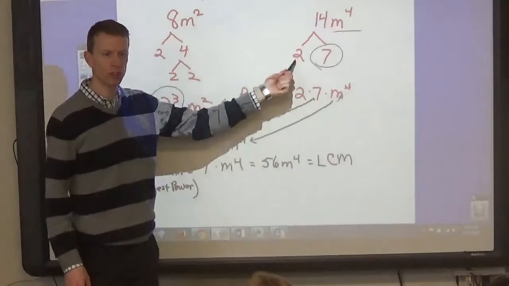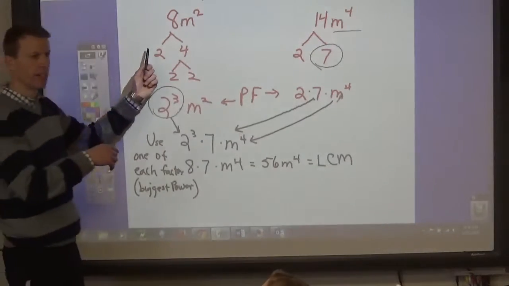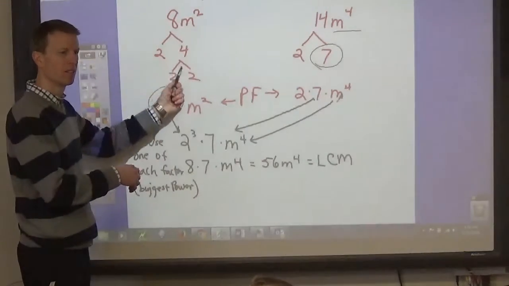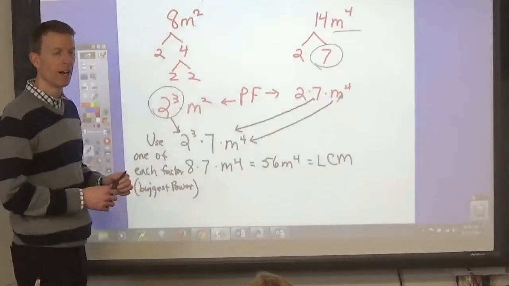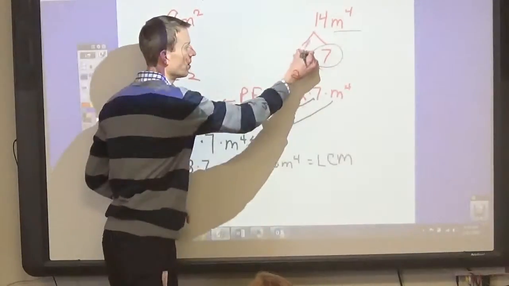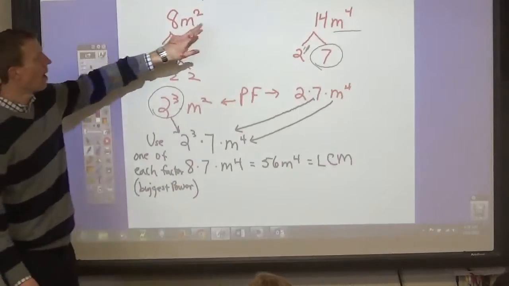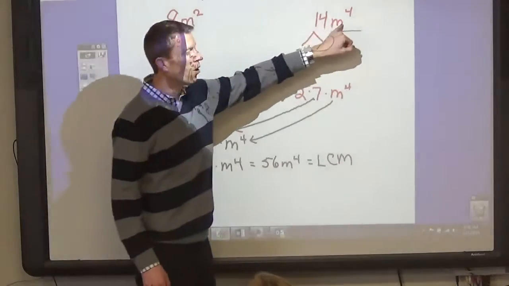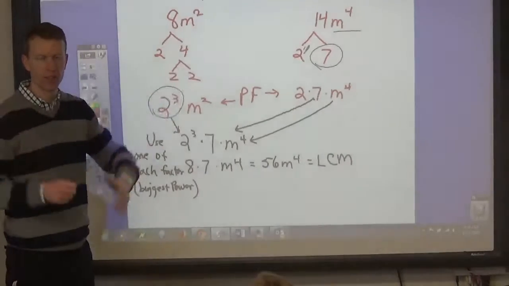And why did we use 2 to the third power and not, why didn't we use this 2? Why did we use this one, Katie? Because it has more, the 2 to the third. Yeah. 2 to the third is bigger than 2 to the first. Now, why did we use m to the fourth instead of m to the sixth or m to the eighth?